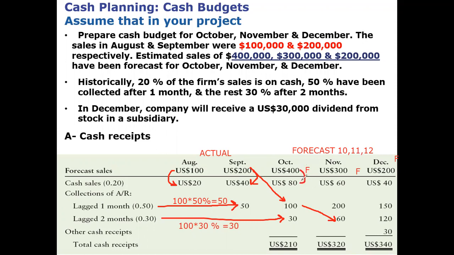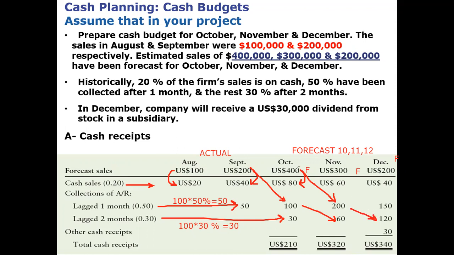In October, I'm going to receive 20% from the 400, as I did here, which is the policy I'm writing here for you. So 20% of this 400 is 80, and then 50% of the 400 is 200, and then another 30%, one month later, which is 120.